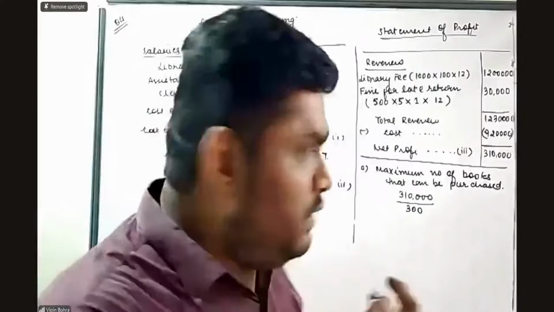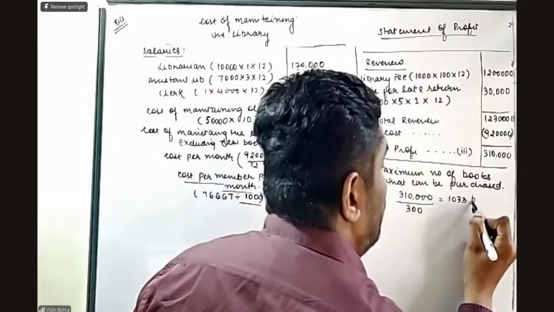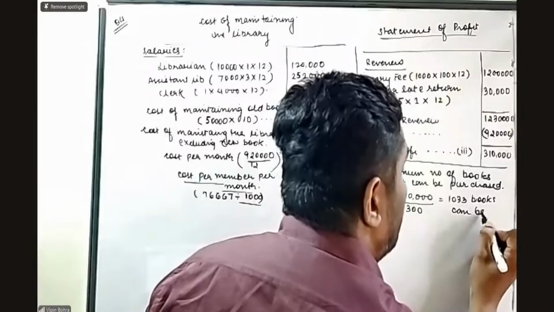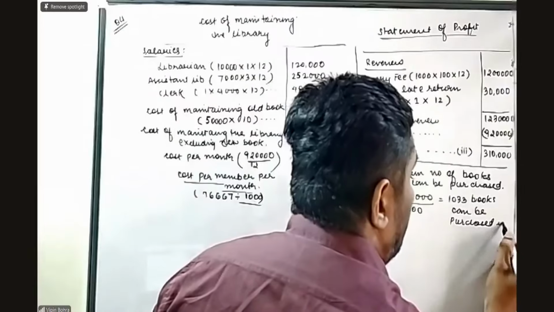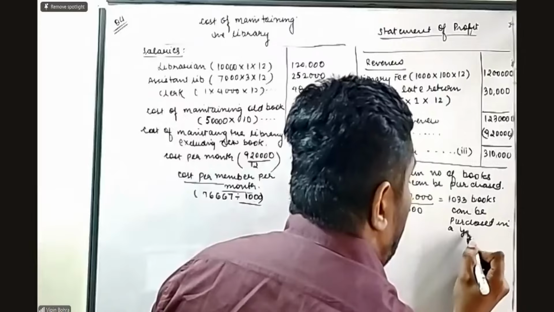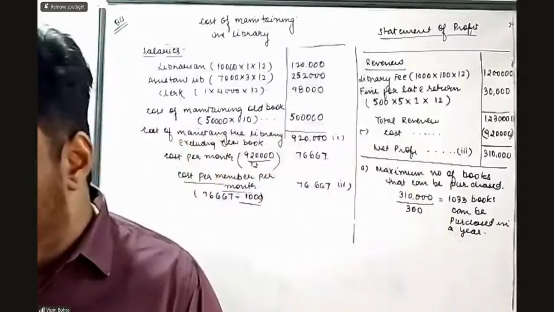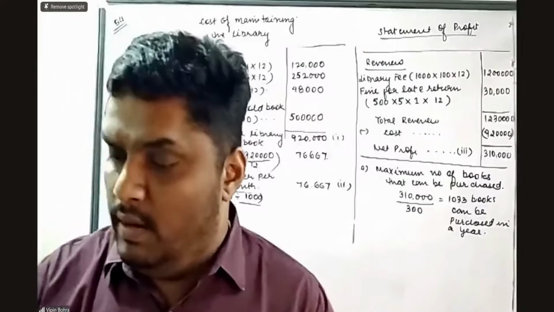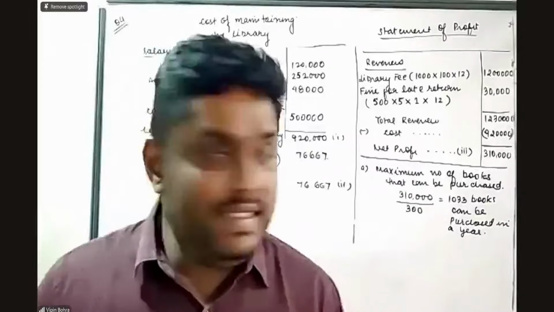So it is 1033 books that can be purchased in a year. Now it is given in the question. So this is the A part.